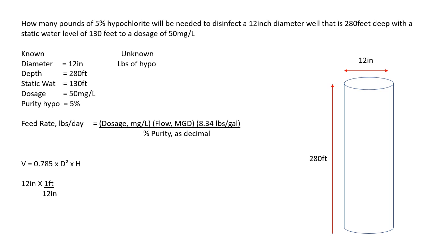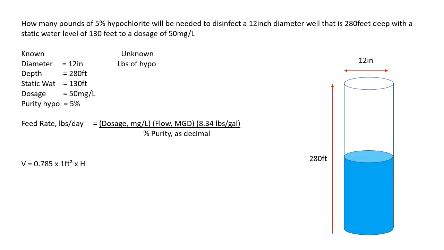So we're going to have to convert our diameter into feet because all of our volume formulas in water use cubic feet, so you need feet. 12 inches times 1 foot over 12 inches, so the inches will cancel out. You end up doing division. You get 1 foot, so we can put the 1 foot into our volume problem for diameter.